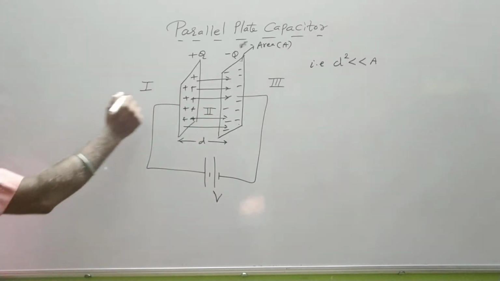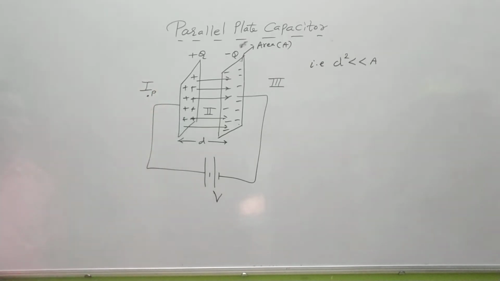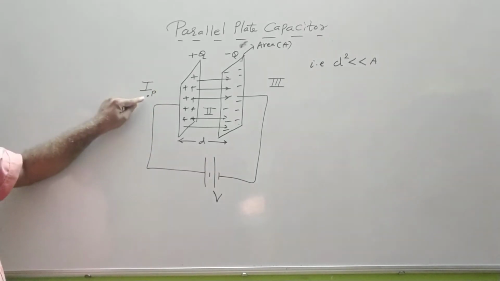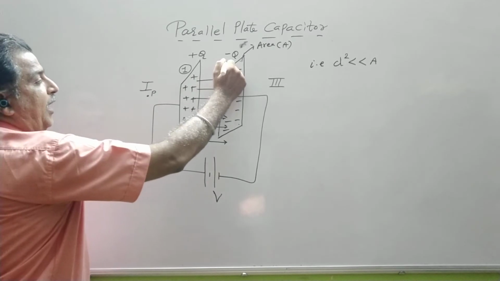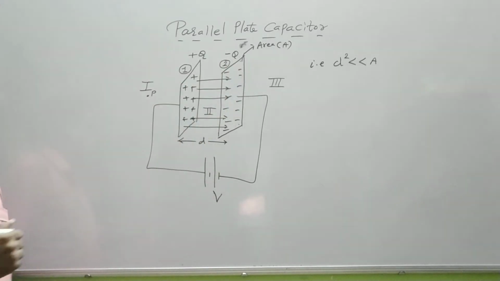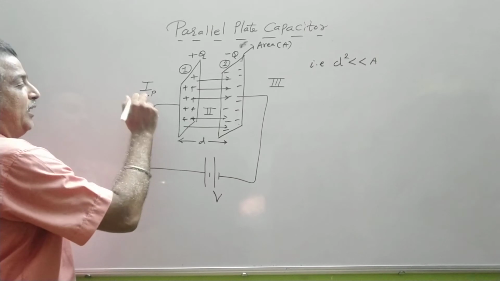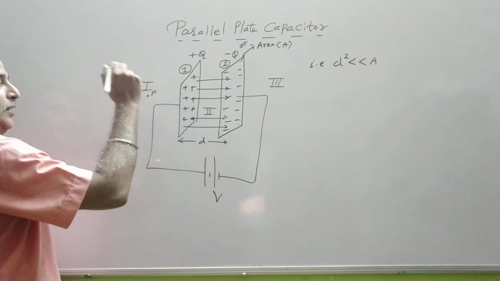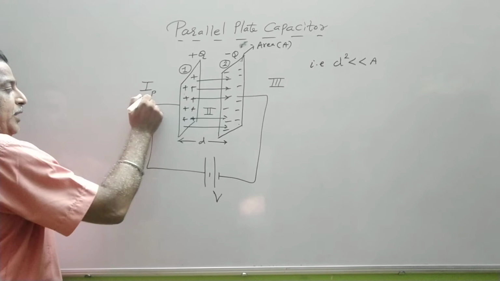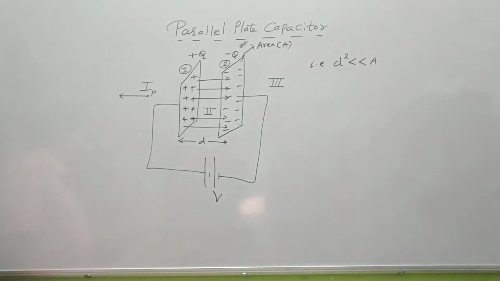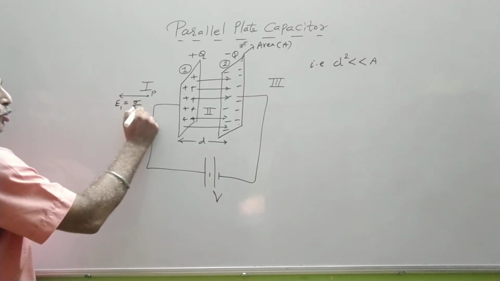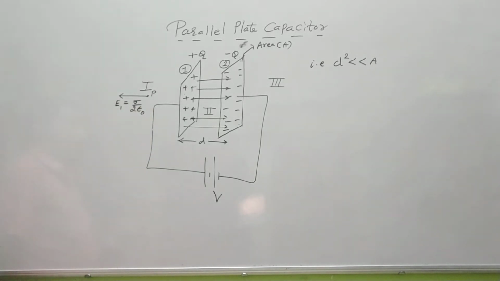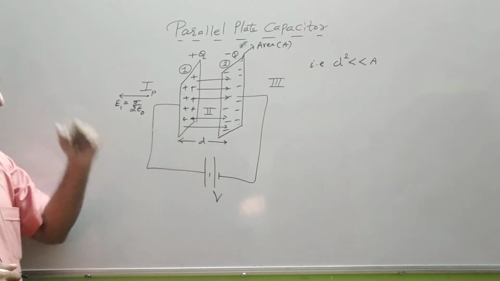Now, if I consider a point P in region 1, let this plate be named plate 1 and this plate be numbered 2. The electric field intensity at point P, in the outer region of plate 1, due to this positive plate is in this direction, and its value is sigma upon 2 epsilon naught. That is, by applying Gauss law we have derived this relation.